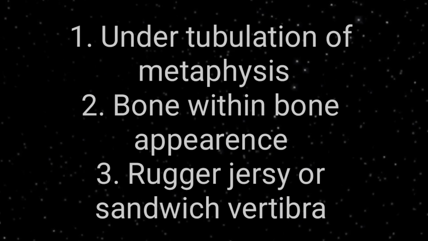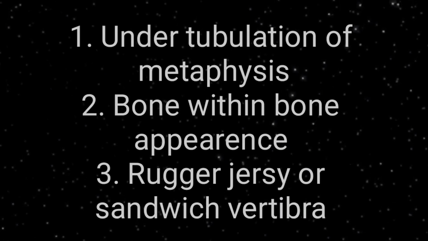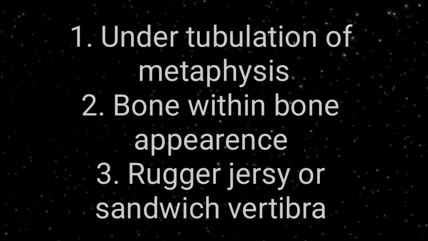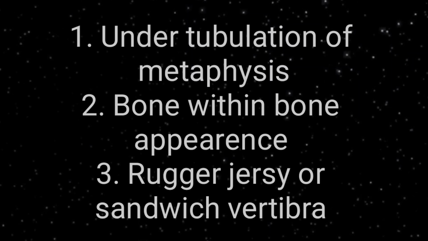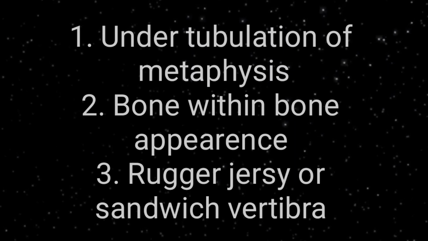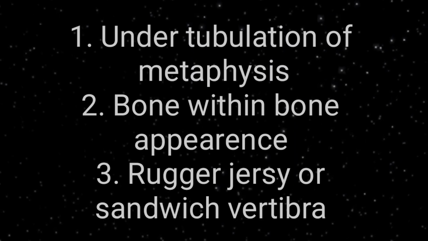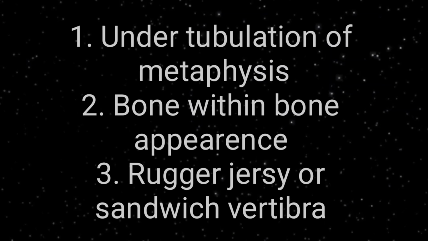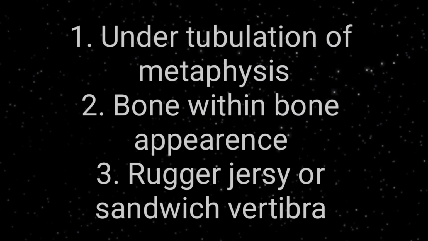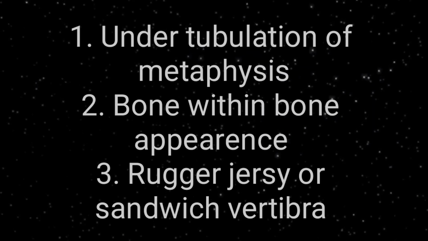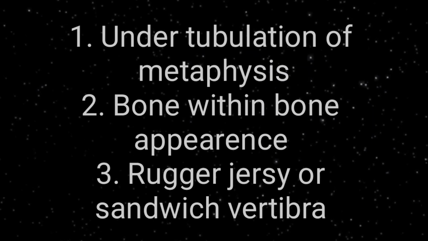As far as radiological pathology is concerned, undertubulation of the metaphysis can be seen in osteopetrosis. Another very characteristic form is the bone within a bone appearance on the radiograph. And in the vertebra there may be two forms of presentation: either Rugger-Jersey spine or sandwich vertebra.